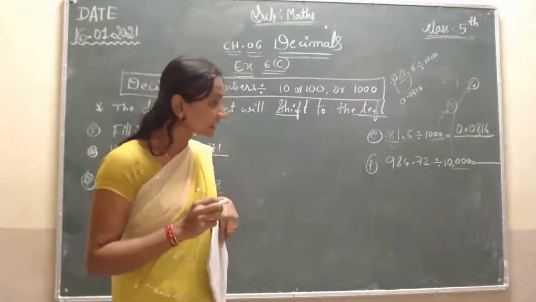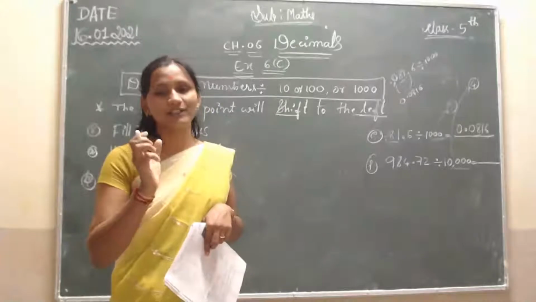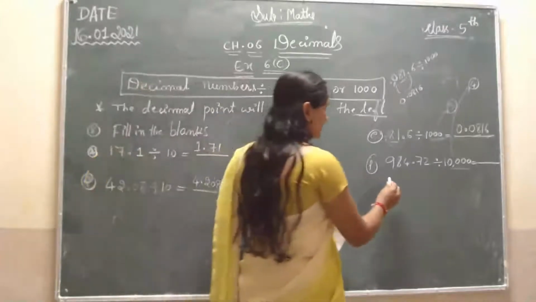You are given only three numbers, so one number is not given. You already know you have to write the zeros.